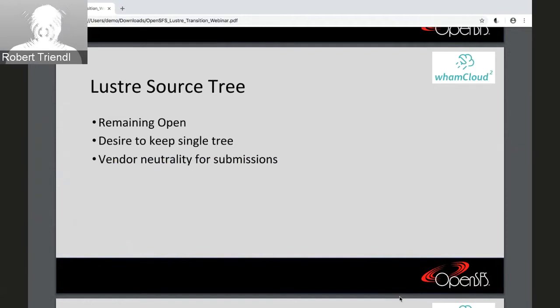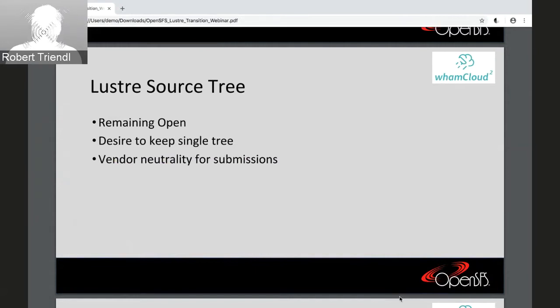And there is a very strong desire on our side, both within the Lustre team as well as at DDN in general, to keep the source tree a single source tree with no major branches, maybe minor branches that have their own specific areas, but essentially we do want to keep Lustre a single source tree without any major branches. That is a commitment.